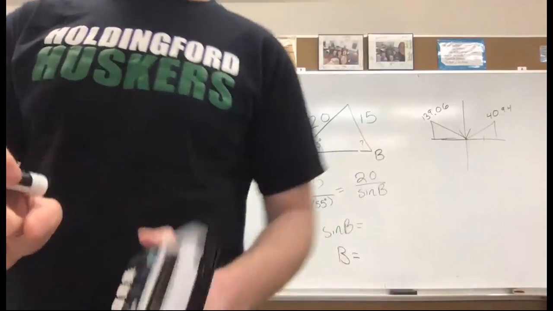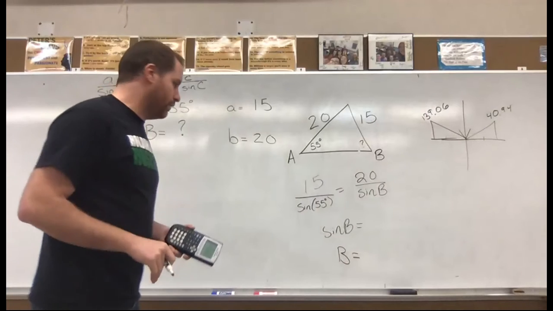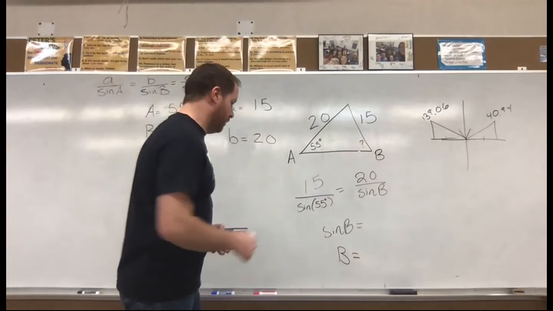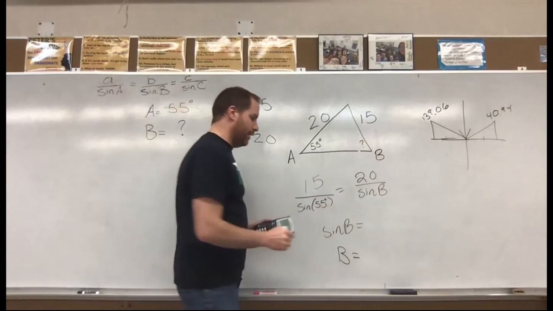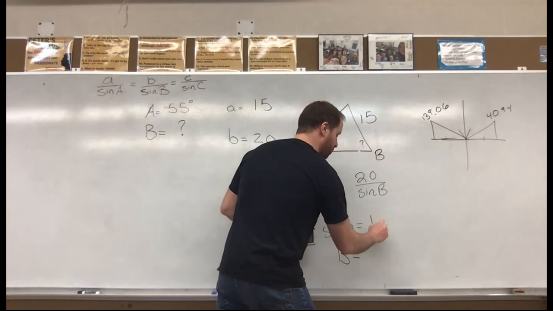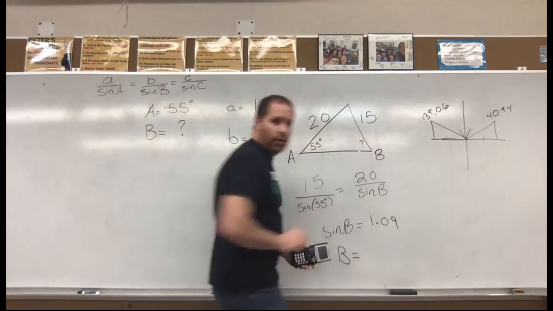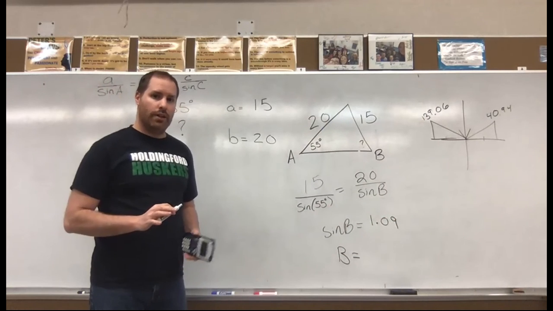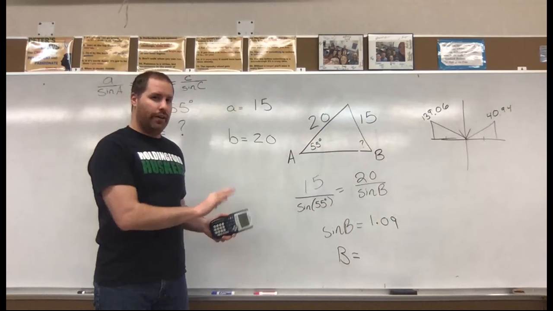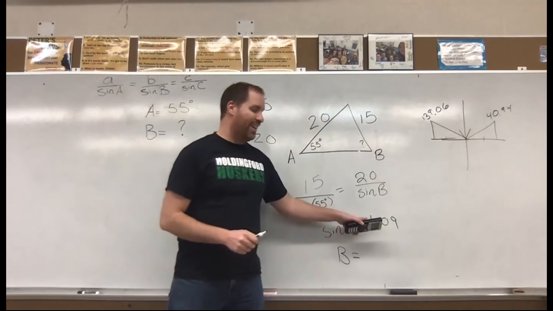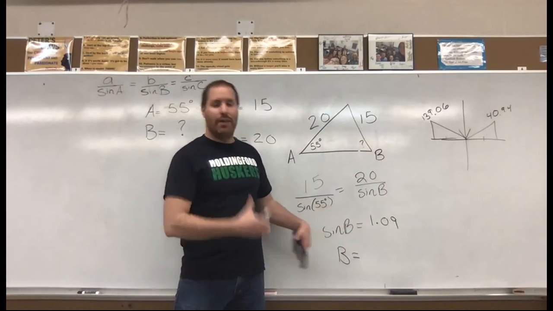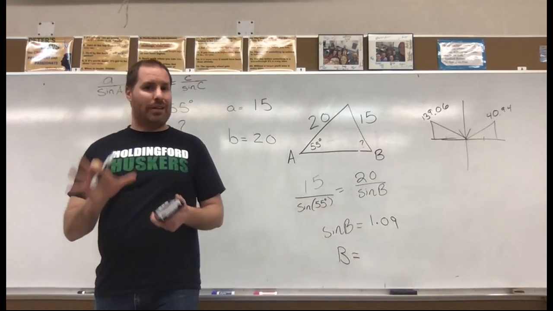Those of you who were listening when we were doing the sine inverses would know at this point that we're not going to get an answer. Seeing this right away, it's impossible because this is bigger than 1, and we can't do an inverse sine of numbers bigger than 1.